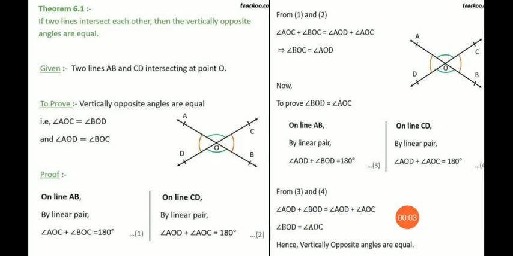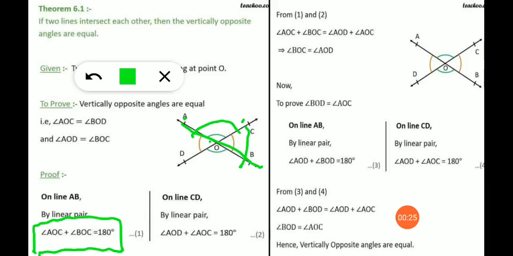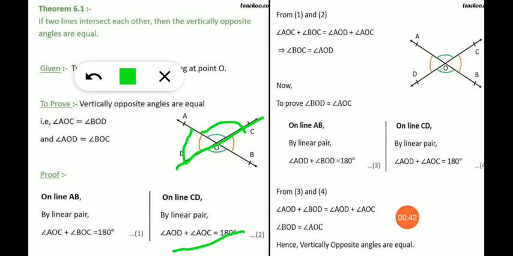Now we will do the proof of the theorem. As we know, AB is a straight line. Here it is visible, AB is a straight line. So we can say that angle AOC plus angle BOC is equal to 180 degrees because they are a linear pair. In the same way, CD is a straight line, so angle AOD plus angle AOC is equal to 180 degrees. Again a linear pair.